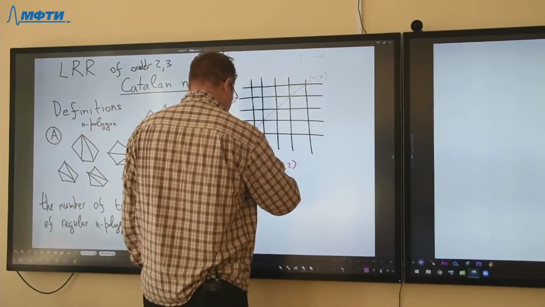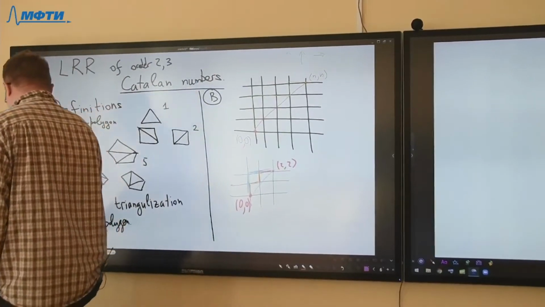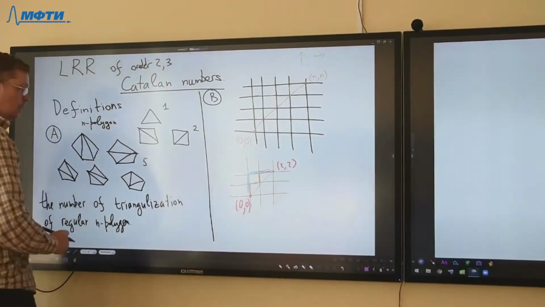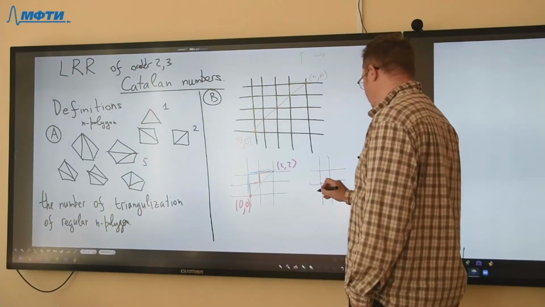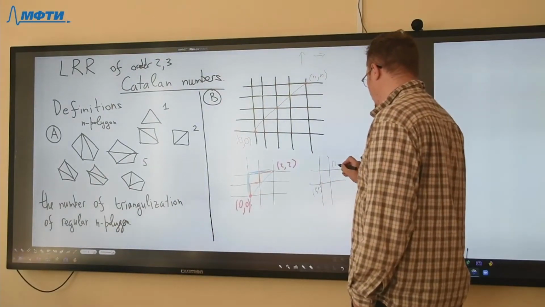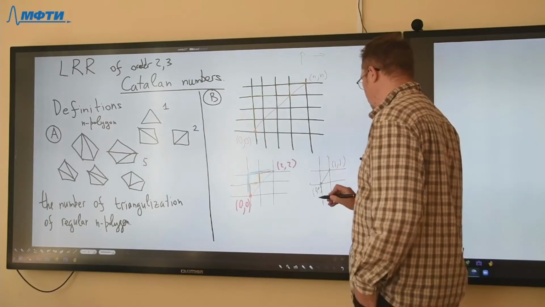So I have only two options here. And if I'm going from (0, 0) to (1, 1), there's only one way to do this over the diagonal.